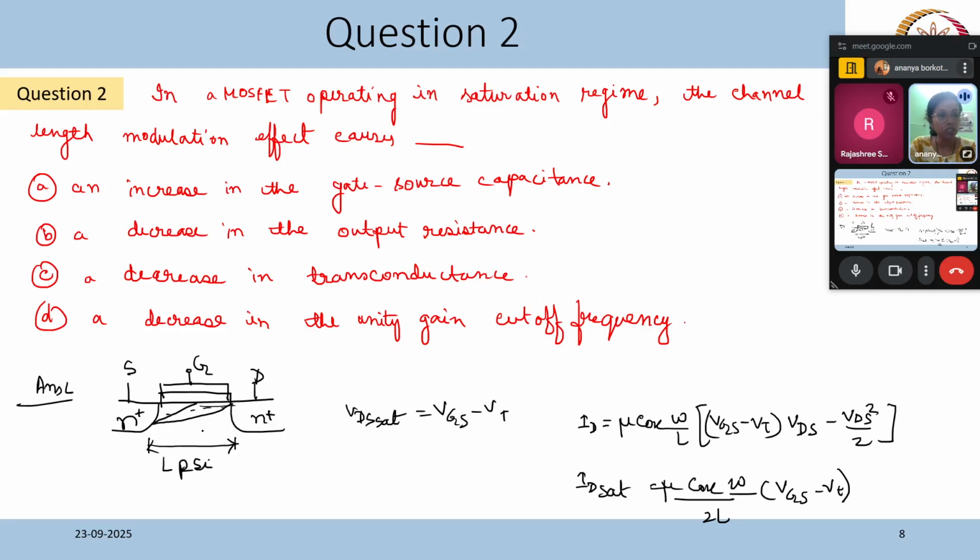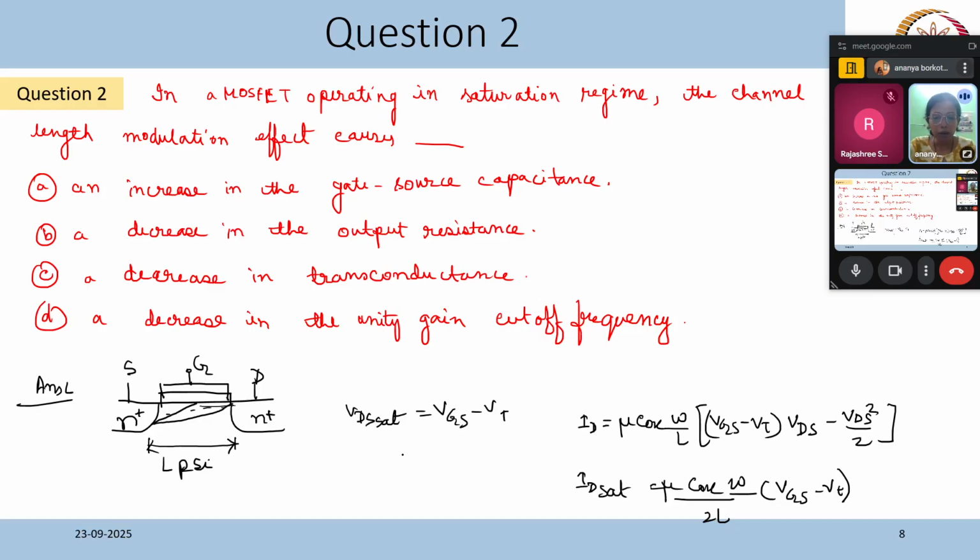Now there is a change in channel length, right? The channel length actually decreases, so because of that our current increases. This is not directly straightforward, but from this picture you can see that our channel length decreases, so overall there is a slight increase in the current.